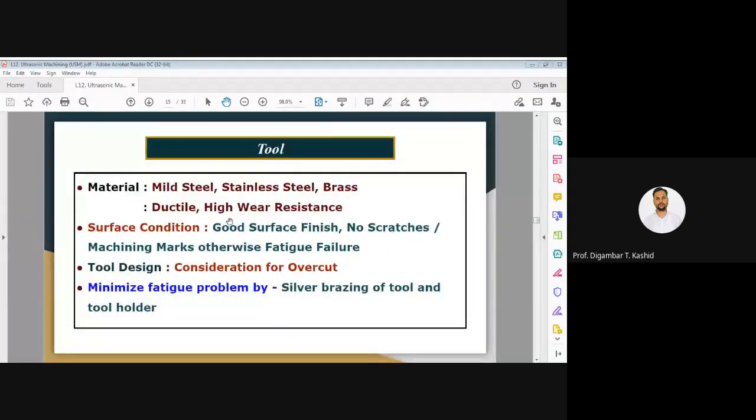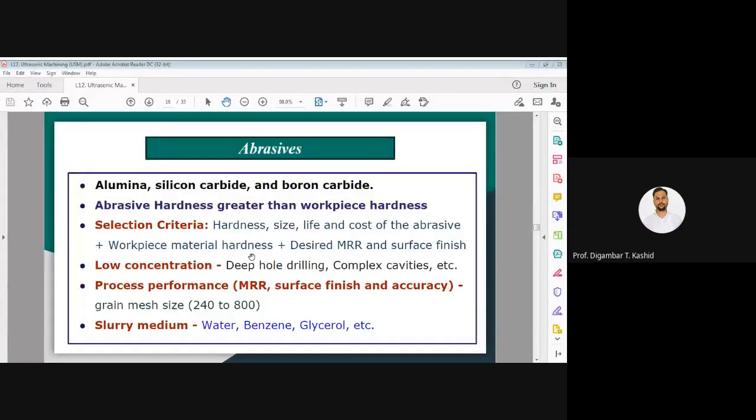Now all of you, please write down the abrasives, which abrasives you can use for this. Please write down abrasives.